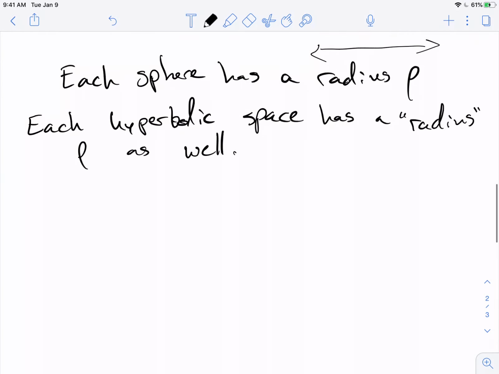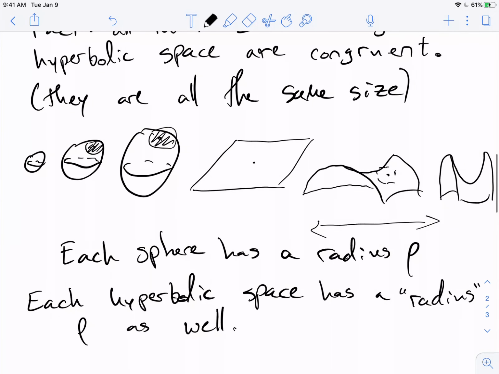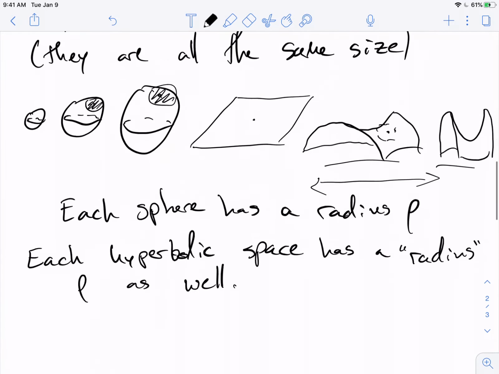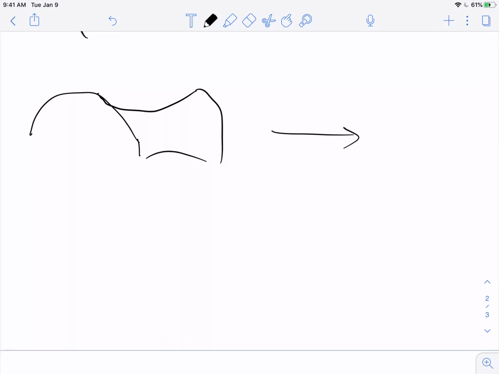So you might be confused because I say there's many different hyperbolic planes coming from different radii, but we've only talked about one upper half plane model. So what's going on? Well, every hyperbolic plane maps to the upper half plane.